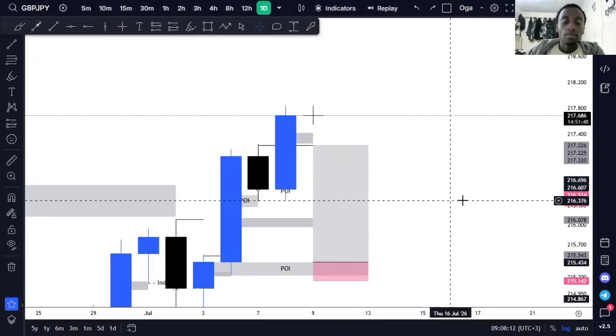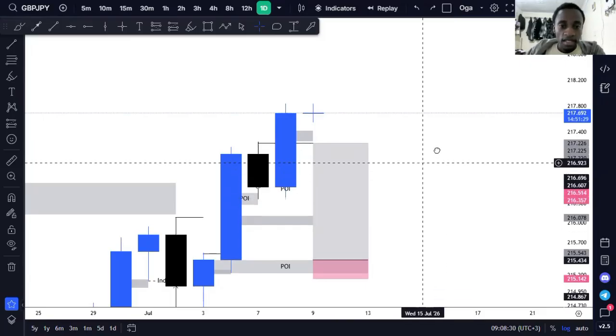But before that, we need to analyze on all the time frames. We begin from daily to maybe 10 or 5 minutes, so that we can see or identify the possible areas of liquidity and the ones that could hold price.